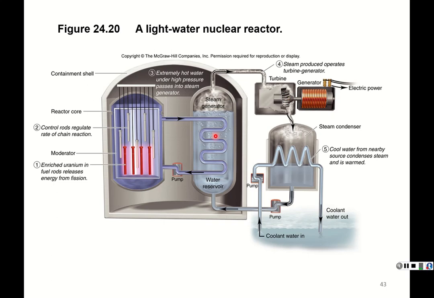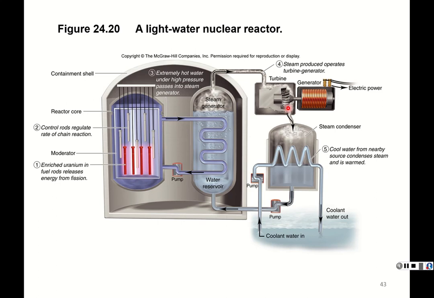So you're not using the energy from fission really directly. You're using that energy to, in a sense, boil water, and then that steam turns a turbine and creates electricity.